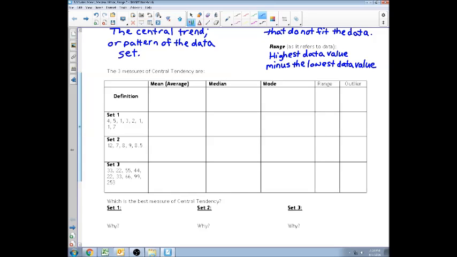The definition of mean, basically average: we will add all of the numbers and divide by how many numbers there are.